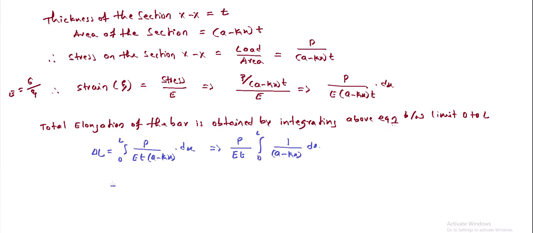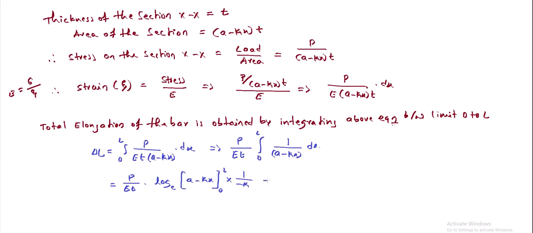So I will include that here, and writing it, it is P by ET log to the base e of (A minus Kx) for the length of 0 to L, right? This is multiplying the constant with sign.